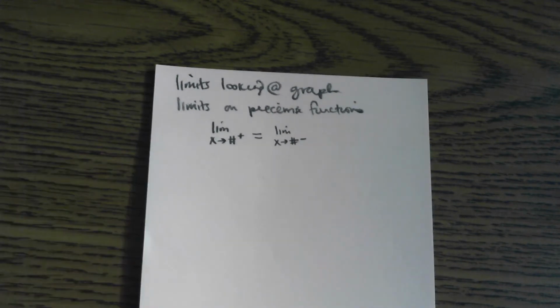So oftentimes with the piecewise functions, if the pieces get cut off at x equals 3, so before x equals 3, they're using one equation, and after x equals 3, they're using another equation. You want to plug 3 into both of those to see if coming from the left and coming from the right, it's the same thing.